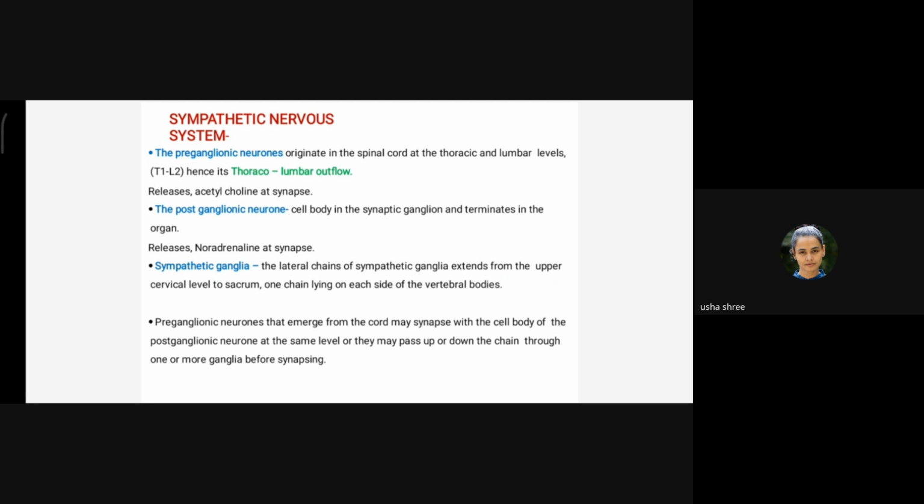So what is the difference between pre and post in communication? Preganglionic neuron releases acetylcholine in the synapse for communication, and postganglionic neuron releases noradrenaline at the synapse.